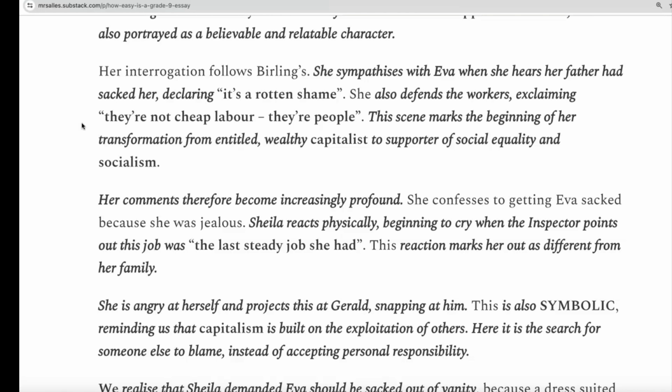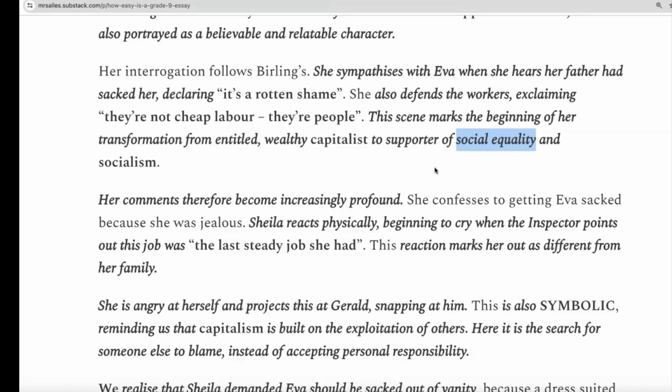This scene marks the beginning of her transformation from entitled, wealthy capitalist, there's your context, to supporter of social equality and socialism. There's some more of your context, and social equality is what this student is using to represent society.